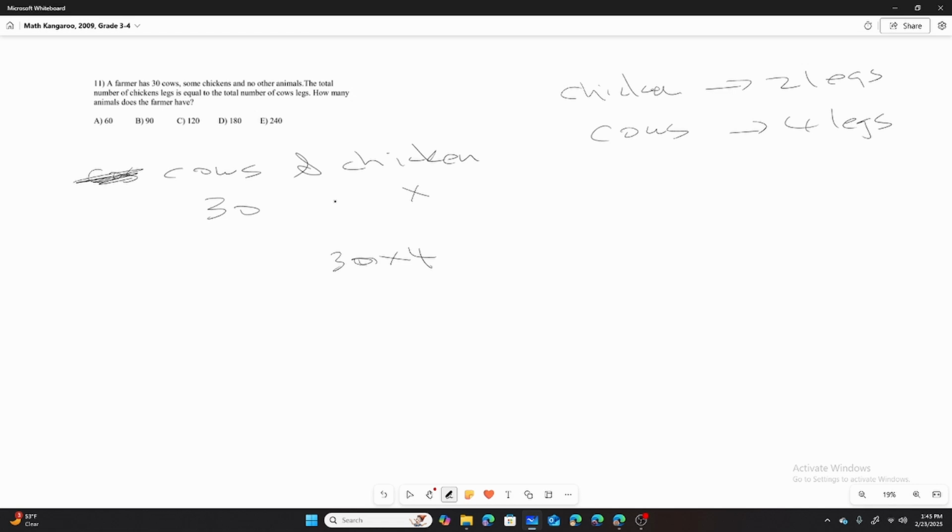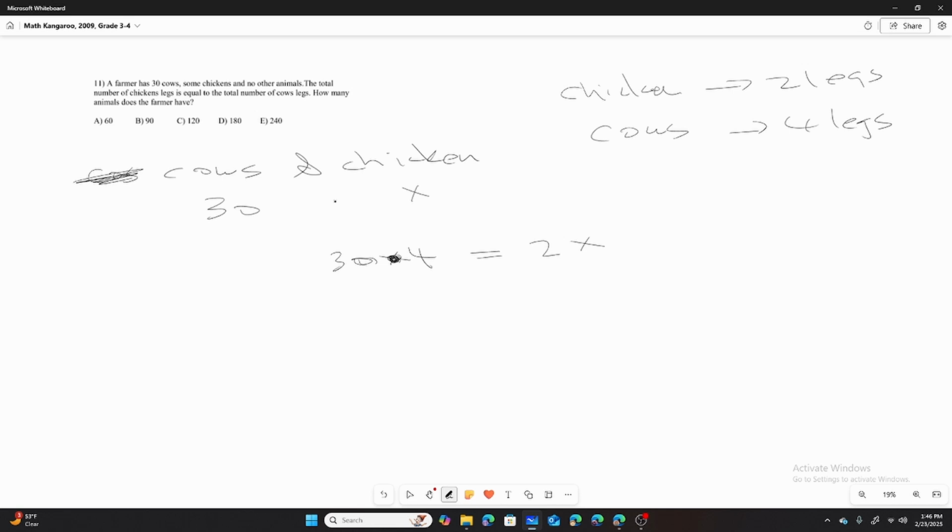But we know that the total number of legs the chicken has has to be equal to the total number of legs the cow has. So that means it's going to be 2 times X, where 2 stands for the number of legs that each chicken has, and X stands for the number of chickens there are. And this is going to be multiplication.